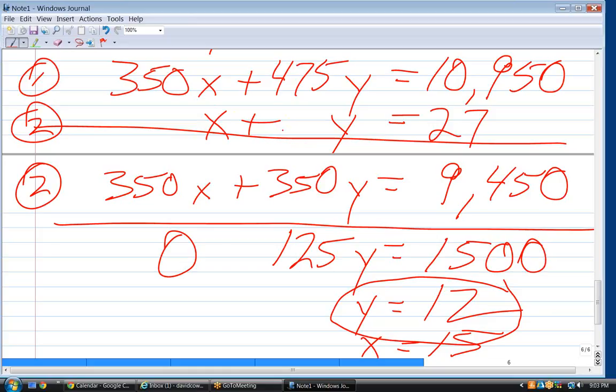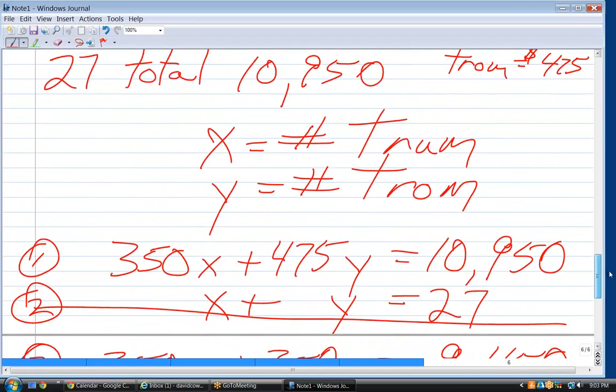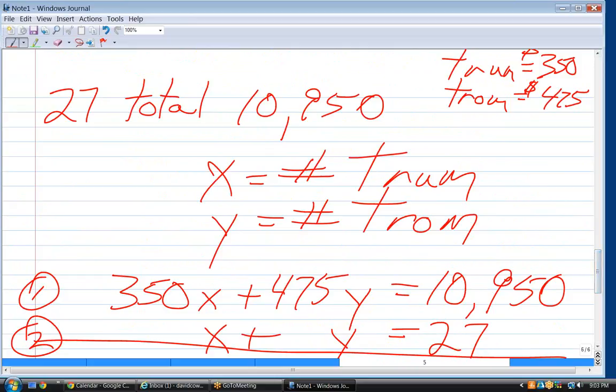Now, there is a way to solve this problem using only one variable. But I suspect that they want you to use 2 variables on it because this section is all about solving a system of equations, right? Correct. If I was going to do it by one variable, then I wouldn't use x and y. I would use x, and 27 minus x is the number of trombones.